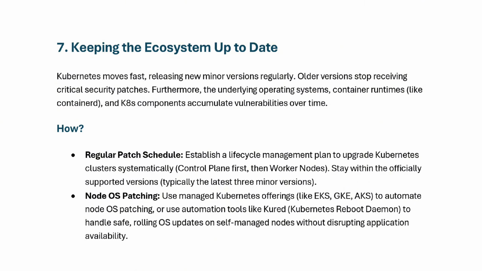Regular patch schedule: establishing a lifecycle management plan to upgrade Kubernetes clusters systematically, that is control plane first, then worker nodes, staying within the officially supported versions, that is the latest three minor versions. Then node operating system patching: use managed Kubernetes offerings like EKS, GKE, AKS to automate node operating system patching, or use an automated tool like Kured, the Kubernetes reboot daemon, to handle safe rolling operating system updates on self-managed nodes without disrupting application availability.